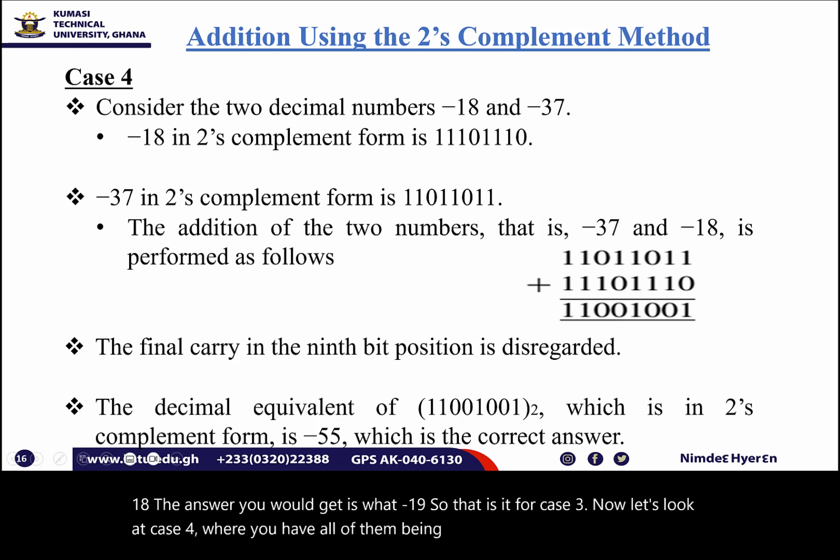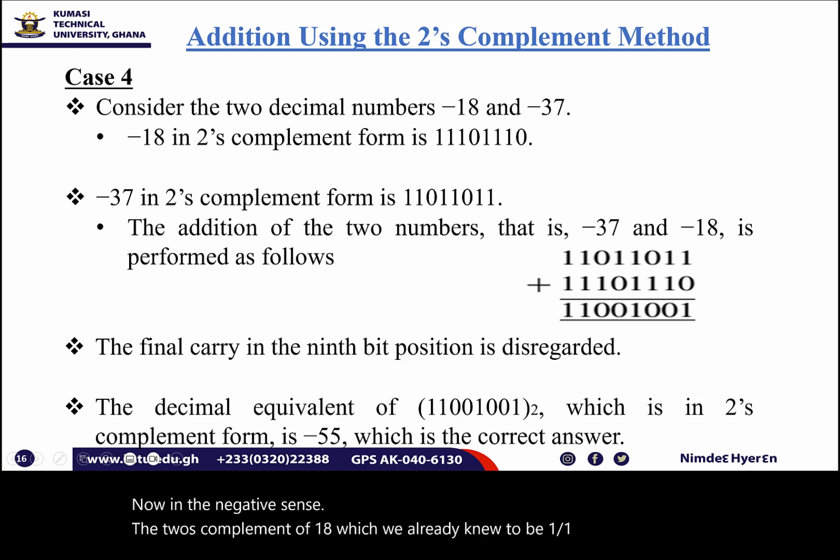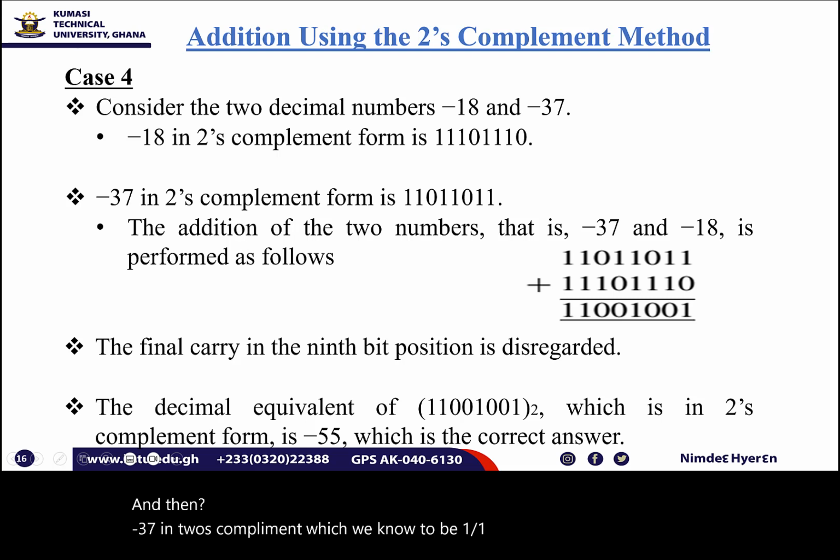Now, in the negative sense, the 2's complement of 18, which we already knew to be 1, 1, 1, 0, 1, 1, 1, 0, and then negative 37 in 2's complement, which we know to be 1, 1, 0, 1, 1, 0, 1, 1.